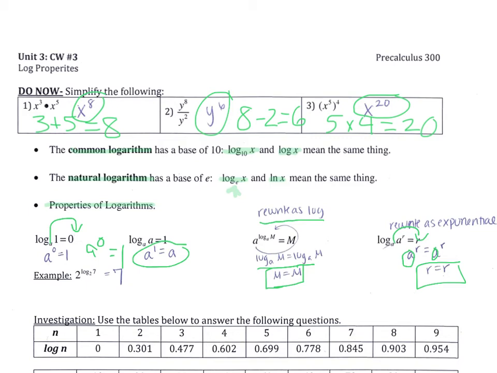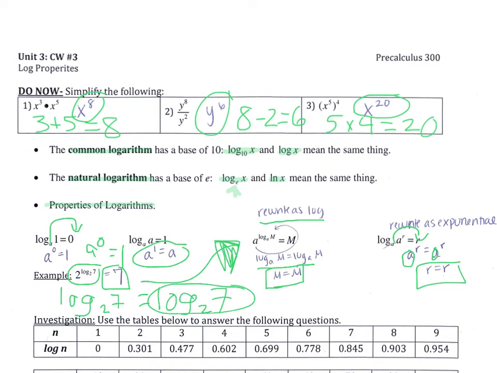Now let's jump down to this example. It says 2 to the log base 2 of 7 equals 7. How we get that is if we rewrite this example as we did this problem, we're going to use this property, so then we can just say that it equals 7, because if we wrote log base 2 of 7 equals log base 2 of 7, we get this log base 2 of 7 from the exponent.